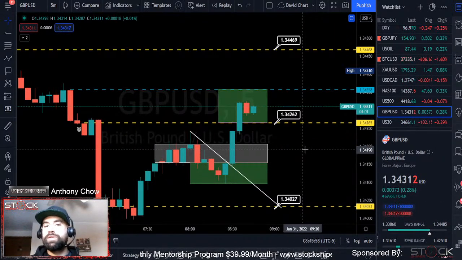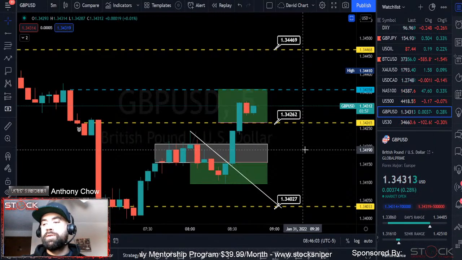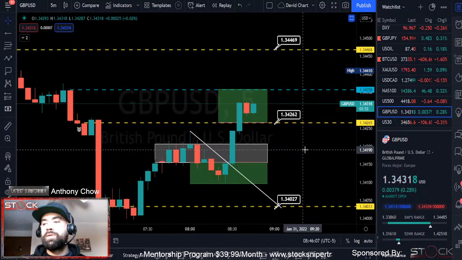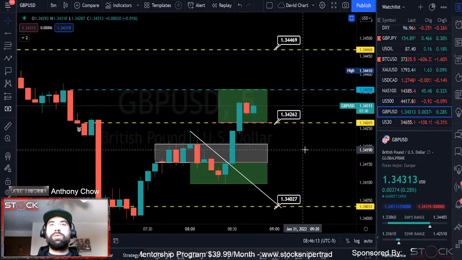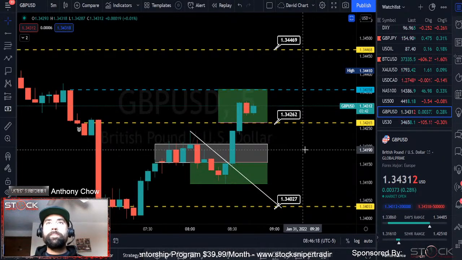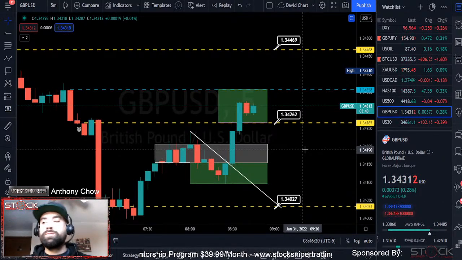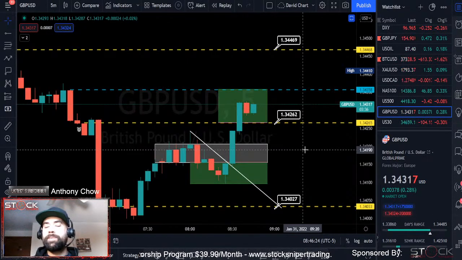Okay, so there's GU still looking like it's looking good. Okay, so GU is starting to run a little bit.